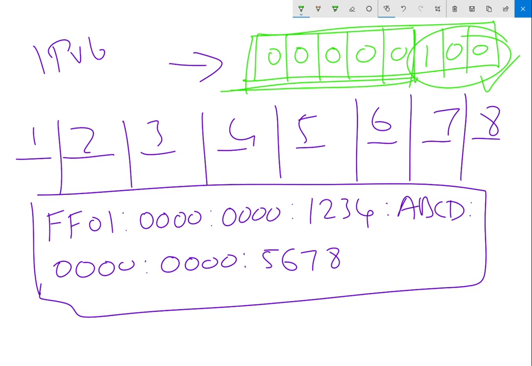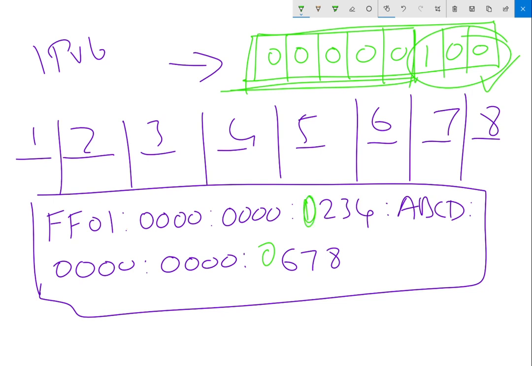The same thing here in your IP version 6. Let's say instead of 5678, here you have 05678, and instead of 1 2 3 4, you have 0 1 2 3 4.